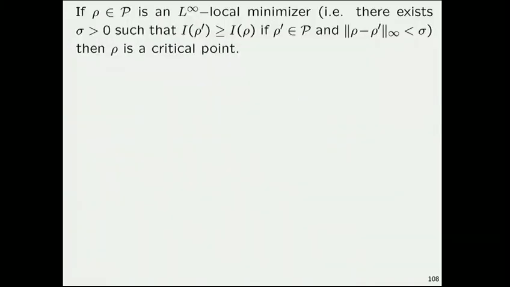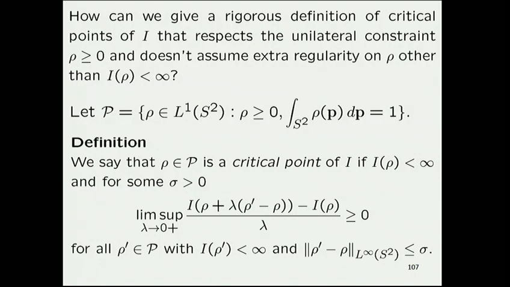So if rho is an L infinity local minimizer, in other words, there exists a sigma bigger than 0 such that I of rho prime is bigger than I of rho if rho prime is in P and the difference between rho and rho prime in L infinity is less than sigma, then rho will be a critical point because you'll have that this expression is bigger or equal to 0.